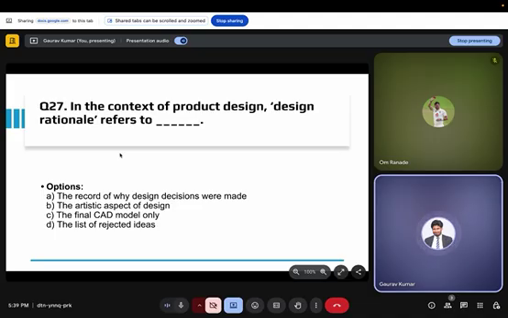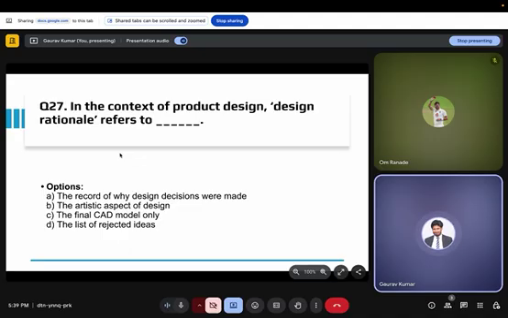Option C, a final CAD model, confuses output with explanation. Option D, a list of rejected ideas, lacks the causal insight. Only option A accurately defines the term with systematic design methodology. A robust design rationale includes references to the scoring matrix, weighting logic, customer need mapping, and technical justifications. It demonstrates the intellectual transparency essential for certification, research publications and design review.